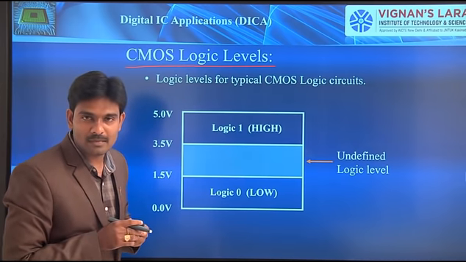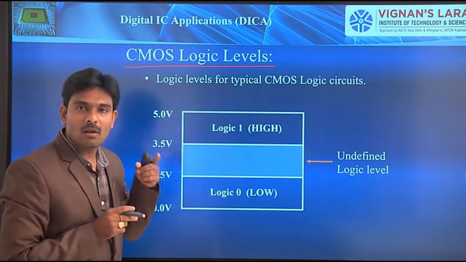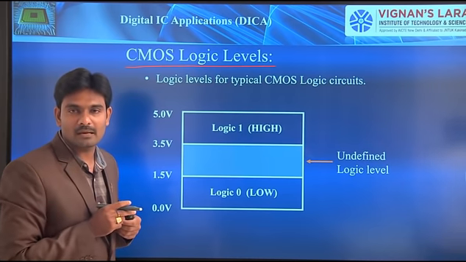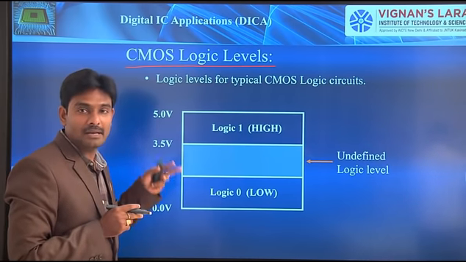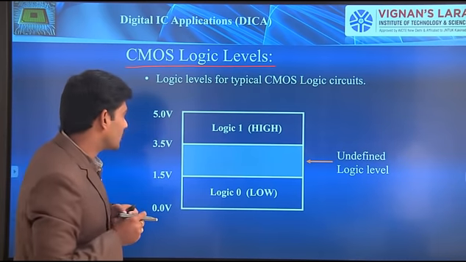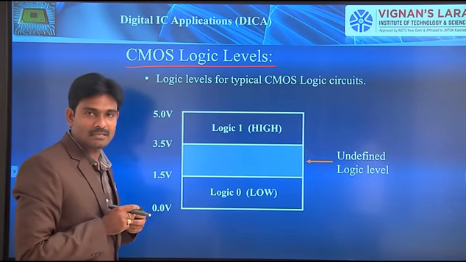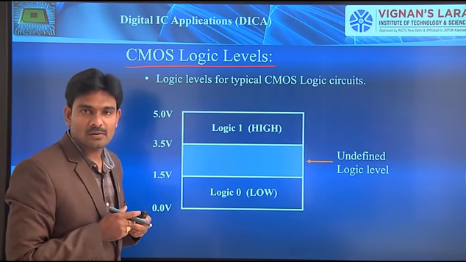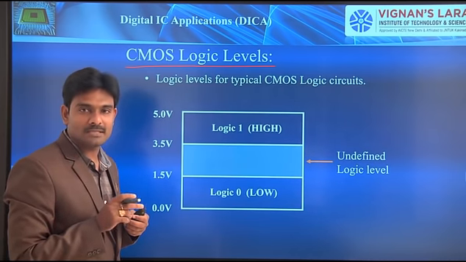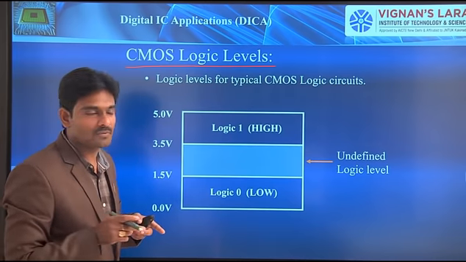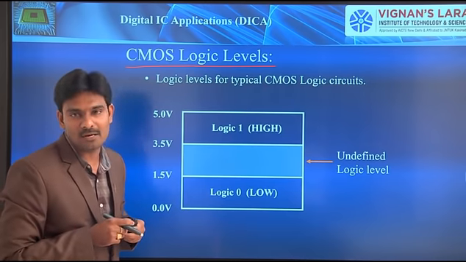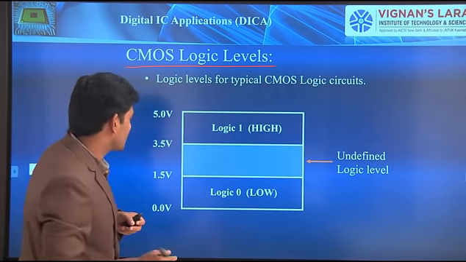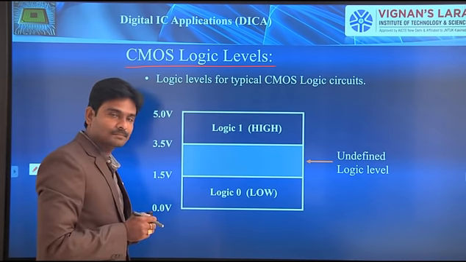The logic levels of the technology depend on that supply voltage. Throughout the DICA subject, in the majority of cases we are going to consider the power supply voltage as plus 5 volts. Based on that, we derived the logic levels here.